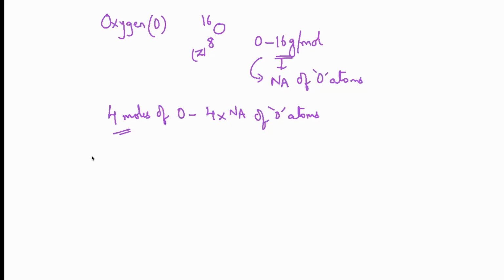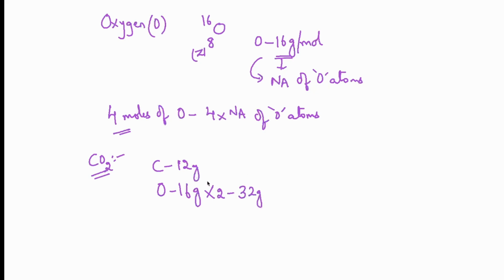Now let's take an example of a molecule which is carbon dioxide. So we know that 1 mole of carbon weighs 12 grams. So the molar mass of carbon is 12 grams per mole. Similarly, oxygen's molar mass is 16 grams. Now, carbon dioxide has 2 atoms of oxygen, so it would be 16 x 2, which is 32.